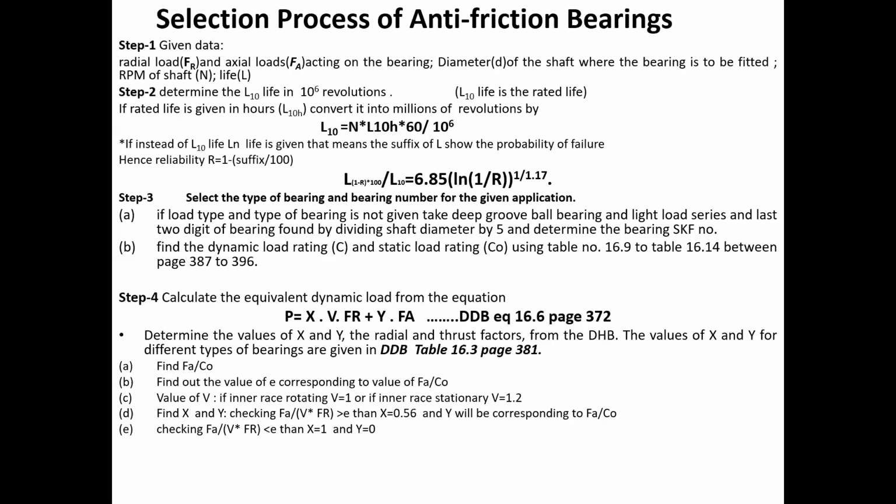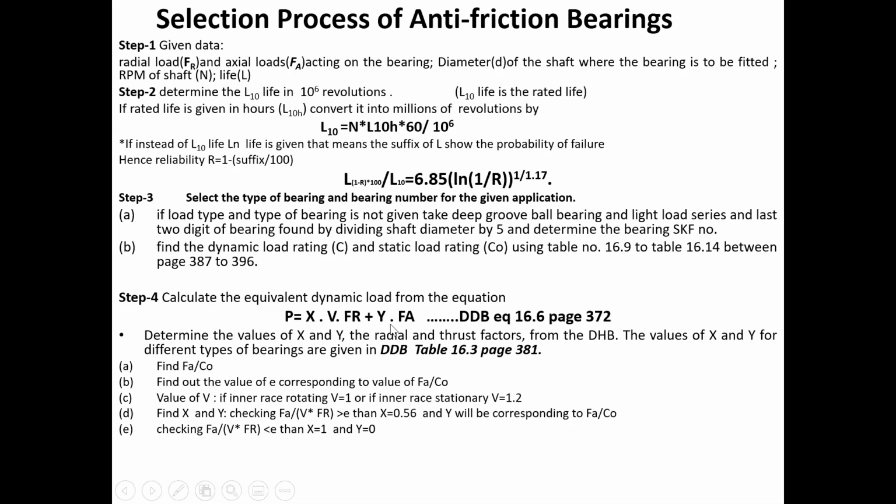This dynamic equivalent load can be found from the equation given on page number 372, equation number 16.6 in your machine design data book. This equation is given in your data book and X, Y and V are given in table number 16.3 at page number 381 in your machine design data book written by Mahadevan and Reddy.